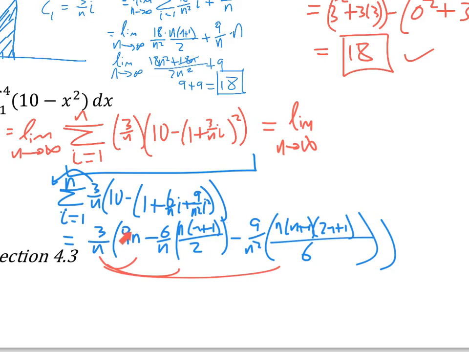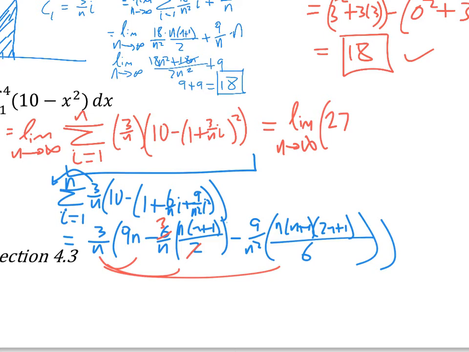And so this is going to be 3 over n times 9. That's just going to be a 27. And then this n times this n is going to be an n squared, okay? This is going to cancel here and leave 3, okay? And so it's going to be 3n squared over n.